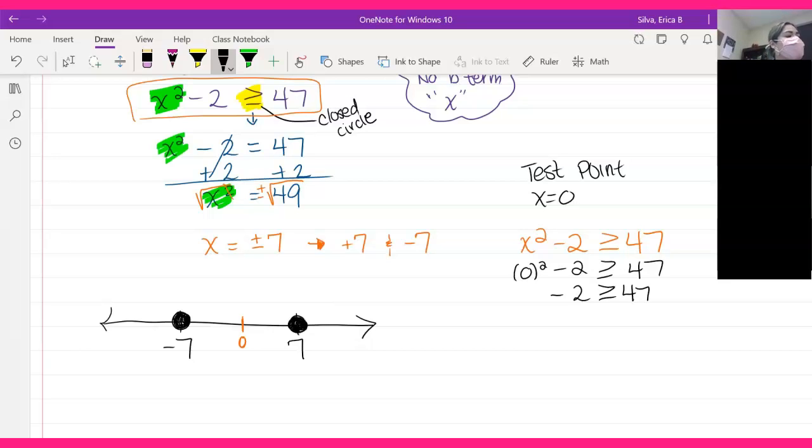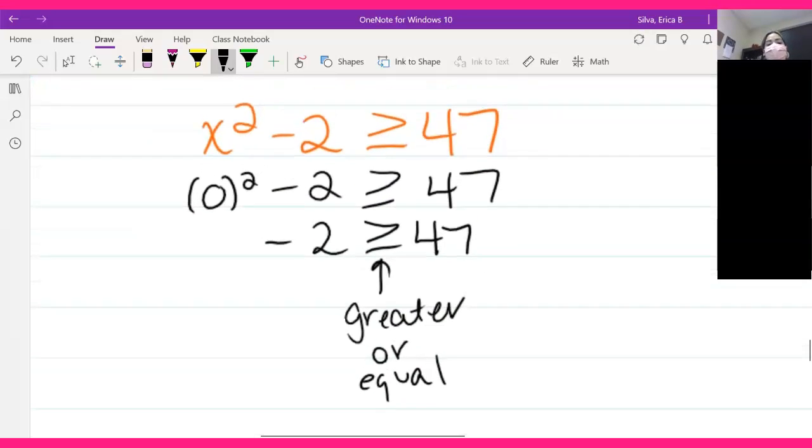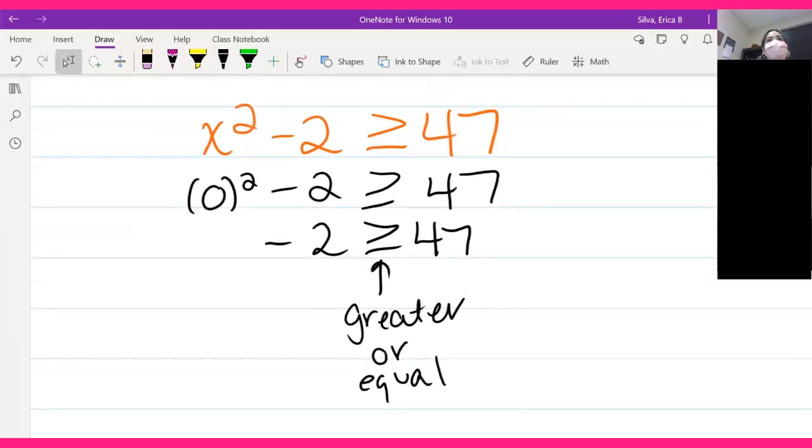Is that statement true or is it false? Is -2 greater than or equal to 47? True or false? Is -2 greater than 47 or is -2 less than 47? It's less than.